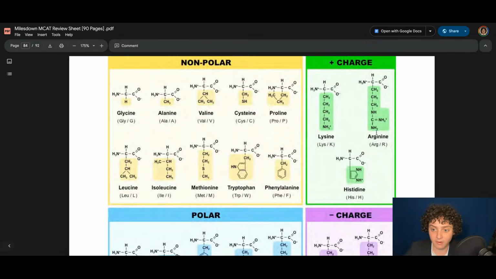Then there is arginine, which has a CH2, CH2, CH2, 3 carbons, then a nitrogen with a hydrogen bound to a carbon. That carbon is double bound to another nitrogen, to which it has 2 bonds, and then a third nitrogen, which it has 1 bond to.